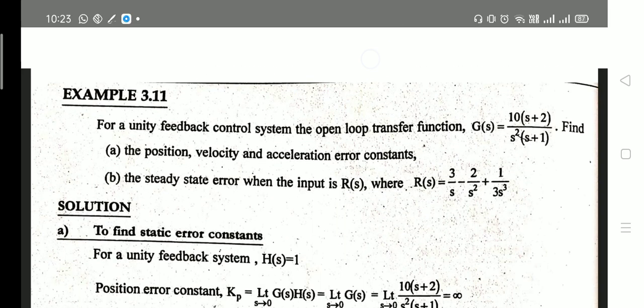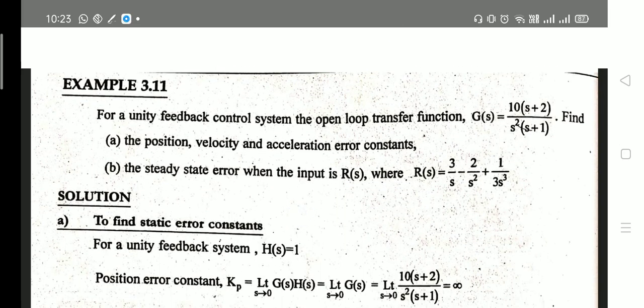Okay, next I am going to the problems. These are very important. These problems are asked many times from the second unit. For a unity feedback control system, the open loop transfer function G of s is equal to 10 into s plus 2 by s square into s plus 1.